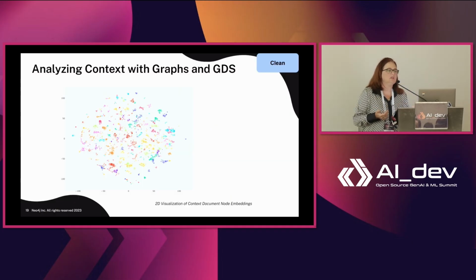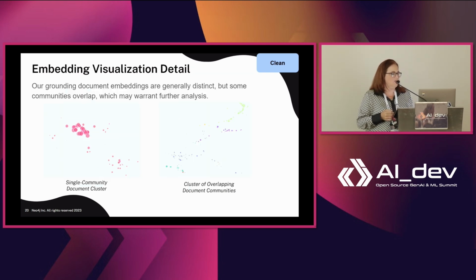So once we do this chunking, we actually look at it. We create a 2D version of what our clusters look like. These are some zoom ins of our clustering, and you may be asking yourself, which of these looks better?